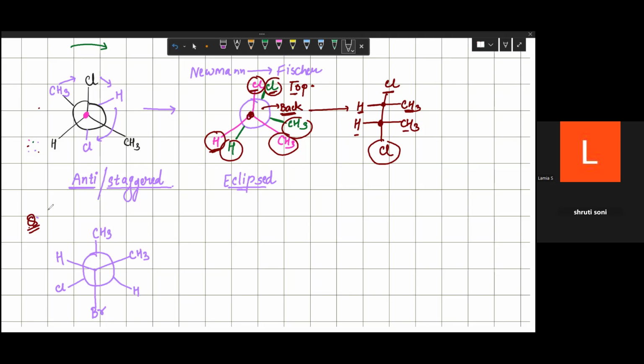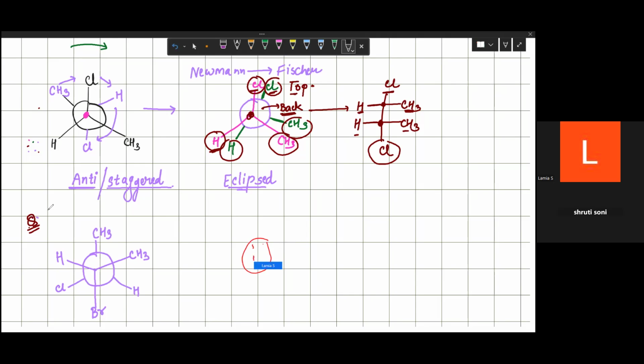Okay. No, what am I doing? Anti-staggered.